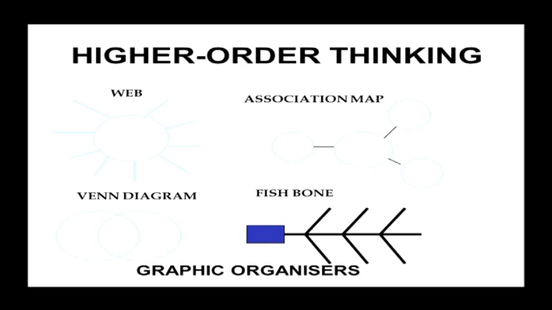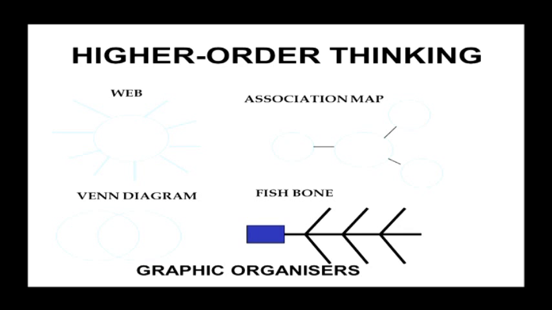Well, if I'm doing a brainstorm, a web diagram, I'm just simply collecting a whole series of words. Now, I'll be putting this up on the view slide, by the way. A Venn diagram, which we'll do a little bit later, but if you're comparing and contrasting two ideas, I'll give an example shortly. And then the fishbone diagram, when you're looking at cause and effect.